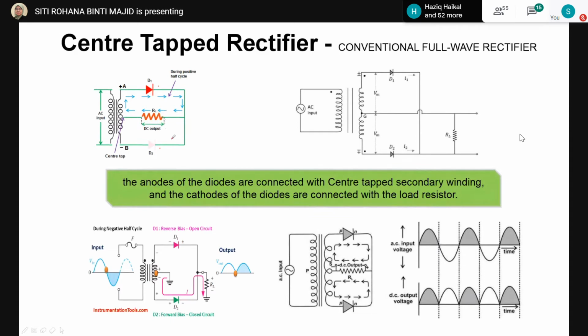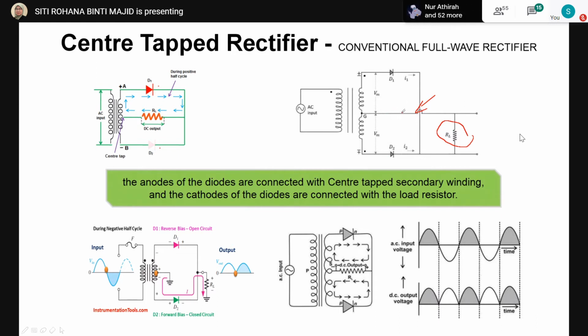In some cases or some books, you can also see this type of diagram, in which they put the resistor at the end of the circuit. But if you look carefully at this diagram, we can actually shift this RL to between the two diodes.